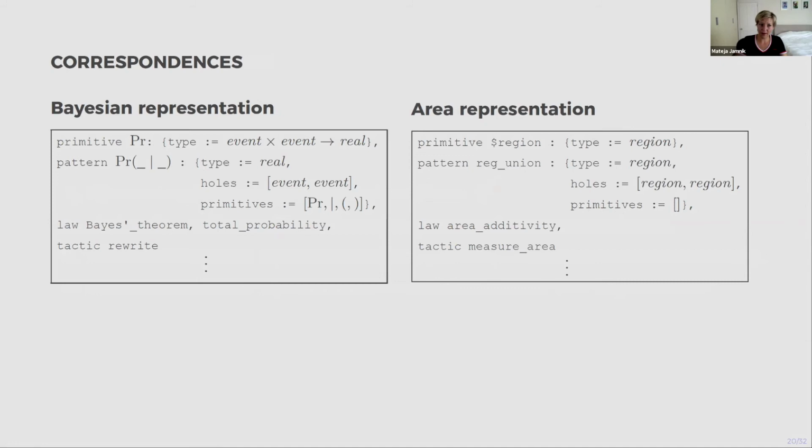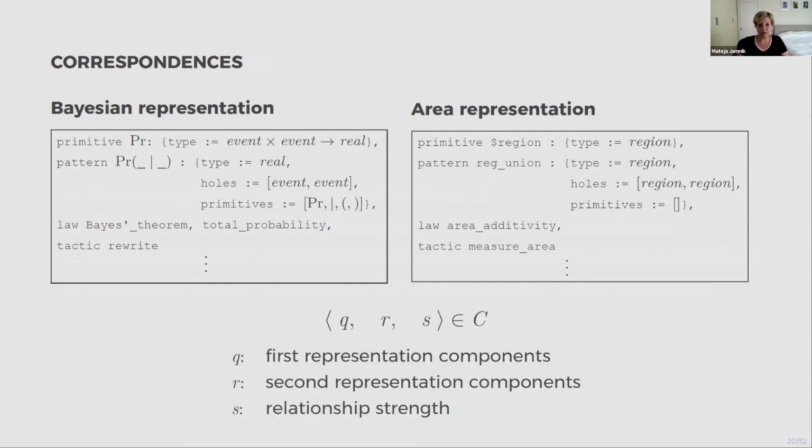So going back to my example about Bayesian representation and area representation, correspondences are encoded in these triplets where C is the set of all correspondences between two representations, and Q is a component that comes from the first representation, so in this case Bayesian representation, and R is a component which comes from the second representation, in our case the area representation.